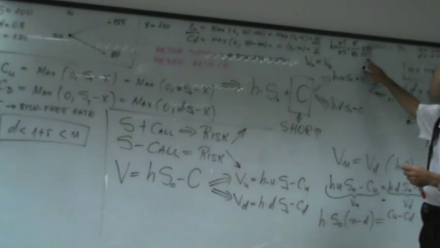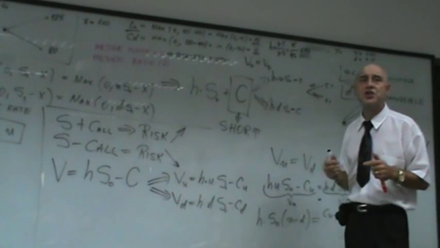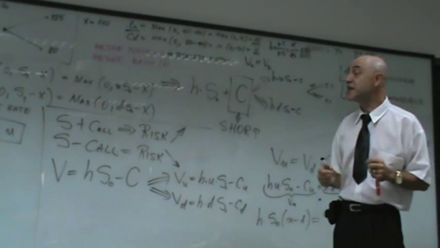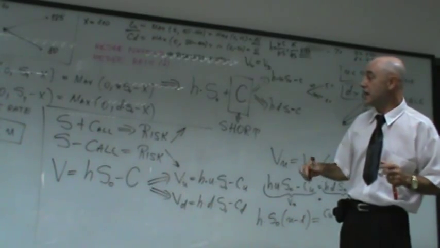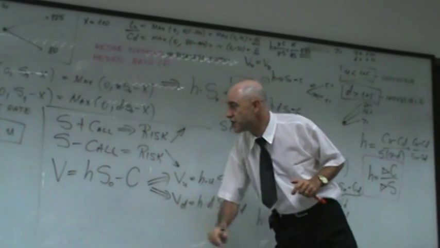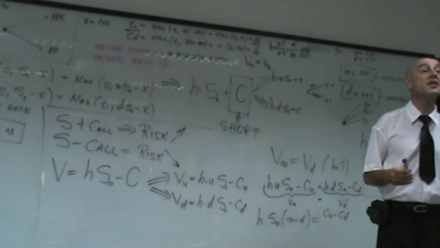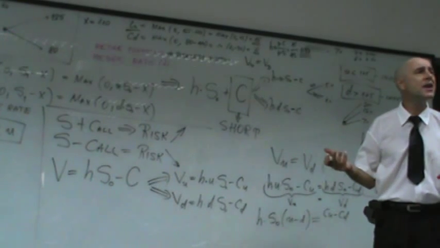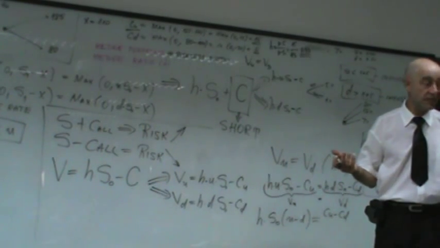Now, what does it mean that 0.33 is the hedge ratio in our particular case? What's the portfolio going to look like if H is 0.33? How many stocks and how many calls?